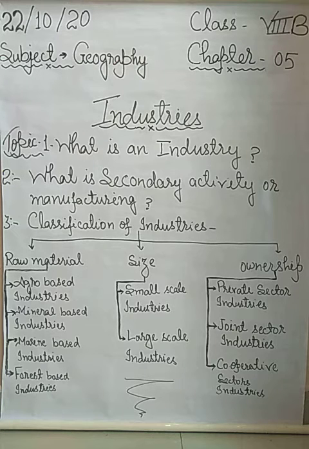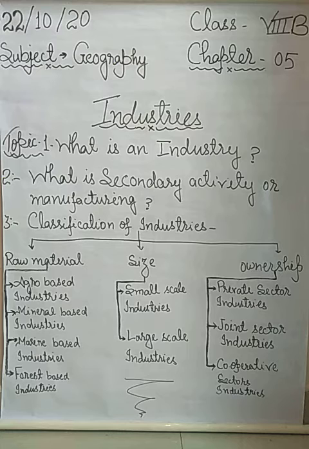on the basis of size, and on the basis of ownership. Raw material based industries are further divided into agro based industries, mineral based industries, marine based industries, and forest based industries.